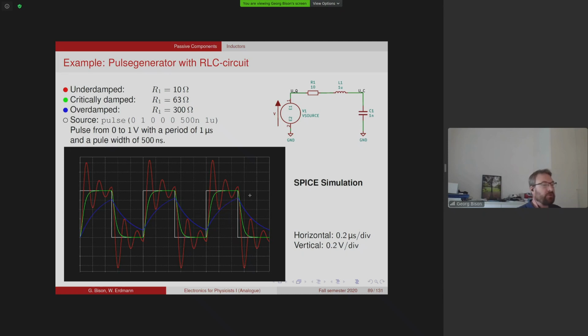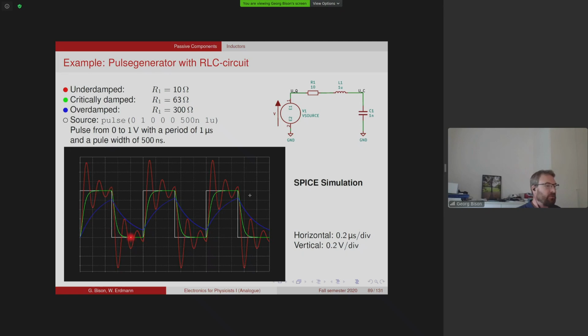And then you see what happens in the 3 different cases. So in the underdamped case, it's oscillating. That means that every change initiates a new oscillation, and then it tries to find its steady state. And if we would wait long enough, this oscillation would die out and it would just stay at this level. In the critically damped case, we quickly approach the new value.